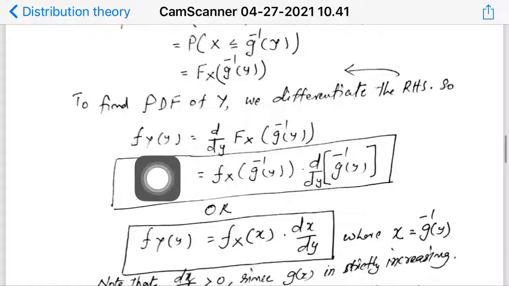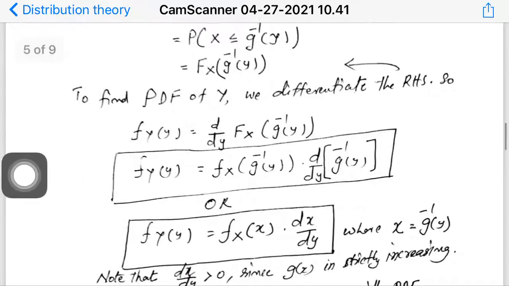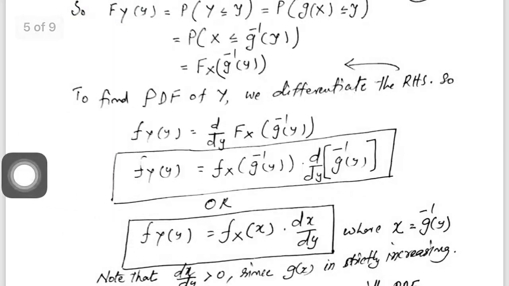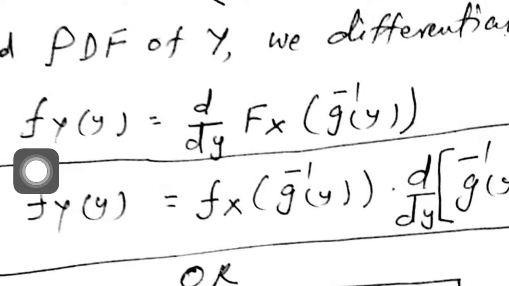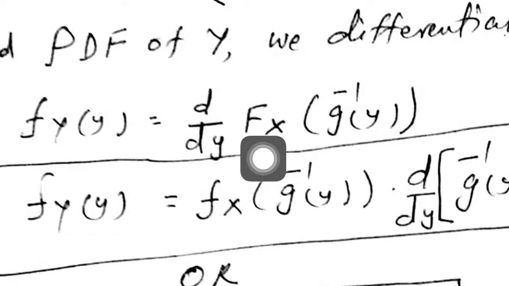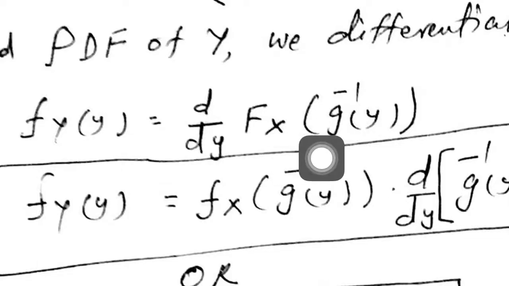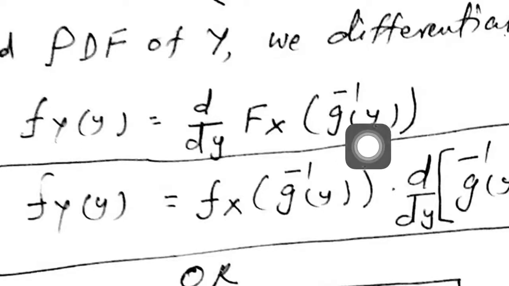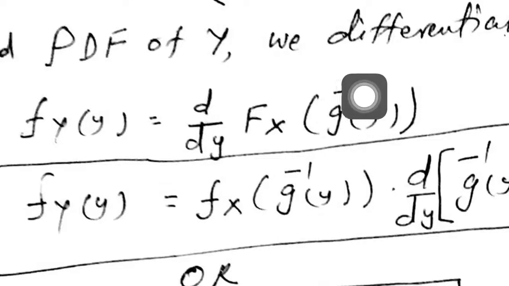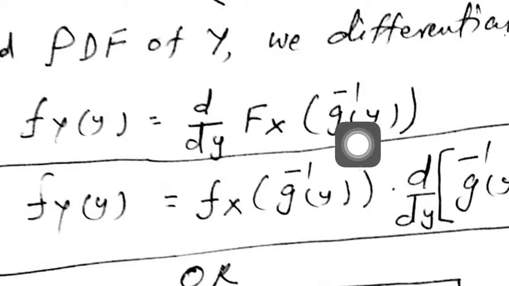So the density function can be obtained like this. What is the density function? The density function is fy of y equal to d by dy of the distribution function of x with the argument g inverse of y. And you know, the argument g inverse of y is a function of y.